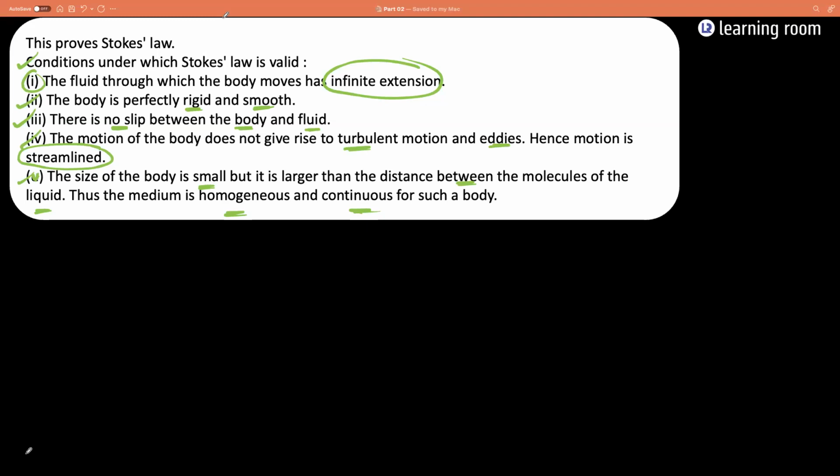Sir, how can fluid break? If at all the water molecules are getting separated, they're saying the liquid should be continuous. So when it is flowing, there should not be any disconnection of the layers of the liquid. It should be that tight.